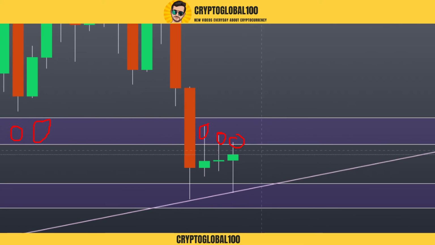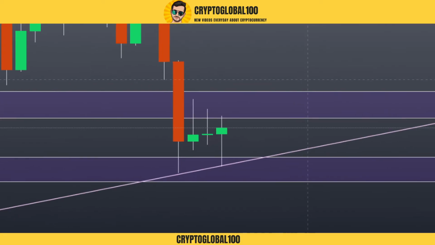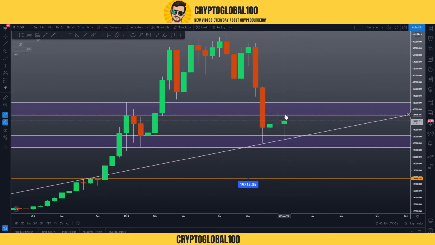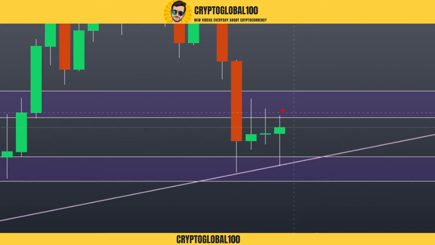So if we take this theory, I assume that this candle has just made 38,000. If we see any candle closing by the end of the week, if this candle closes like this, makes a hammer shaped candle, then the next candle could be like this one.